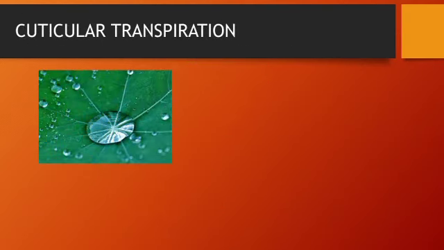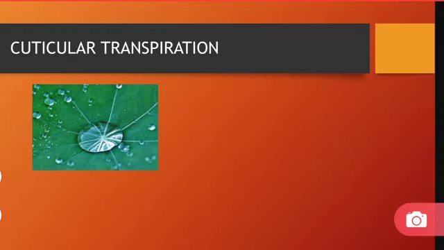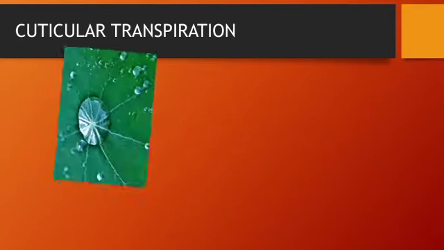In the next part, we'll come to know what cuticular transpiration is. The cuticle is the layer present on the surface of the epidermis, and this cuticle acts as a waxy layer which allows only a little amount of water to pass through it.